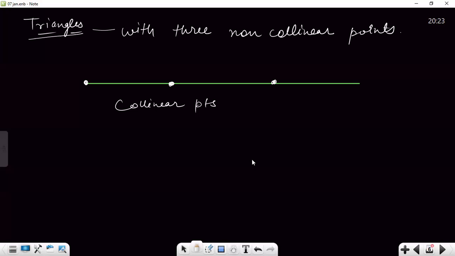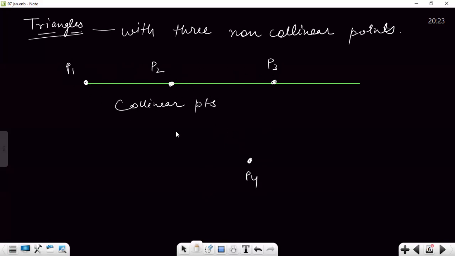If we take another point that is not on the straight line, so P1, P2, P3 and P4. Using any 3 points here, P4 is compulsory to consider out of these 4, because if we take these 3, then there will be collinear points.